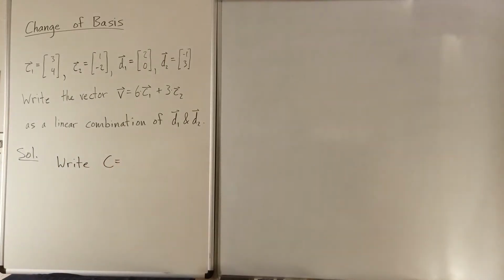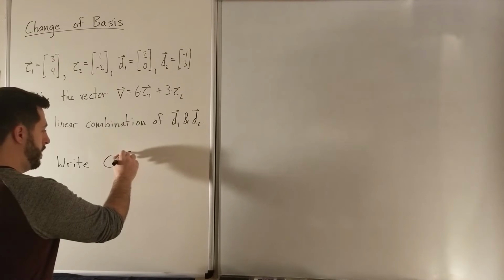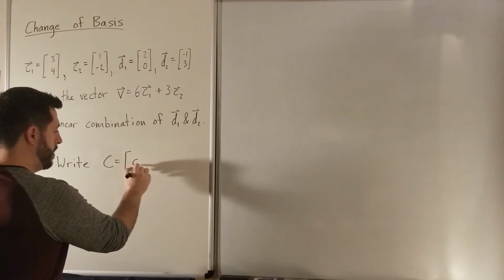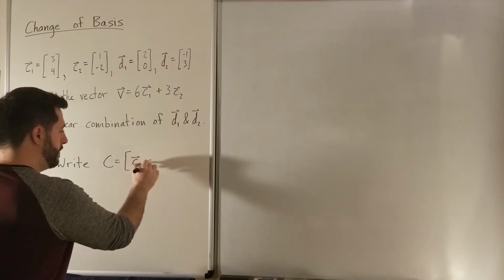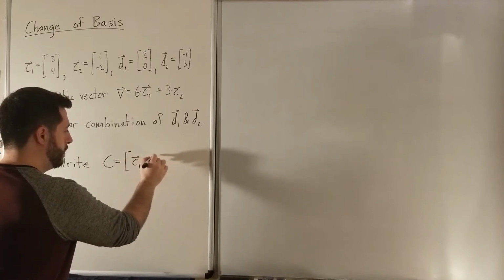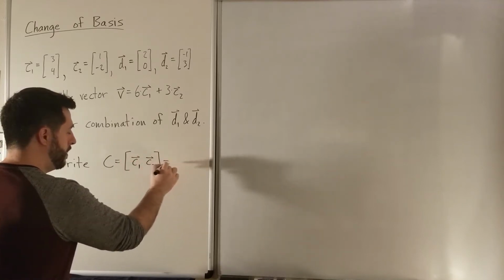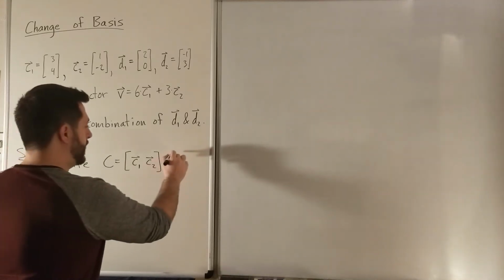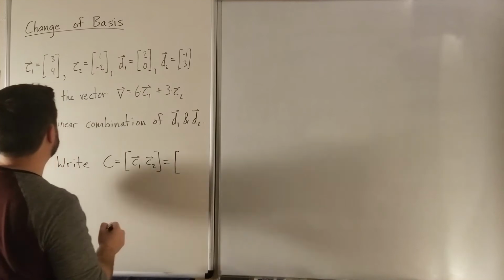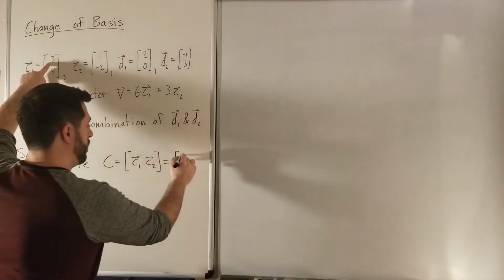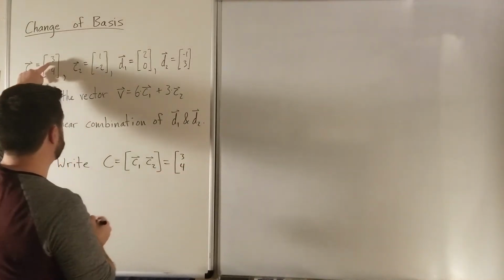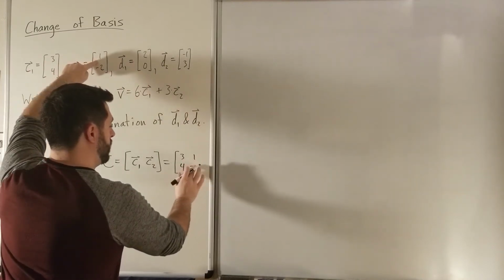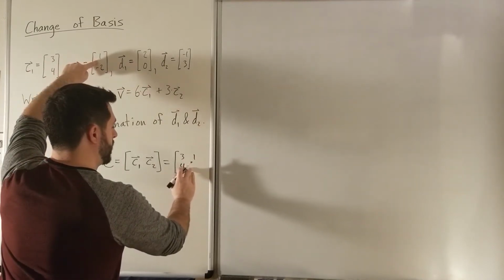I'm going to define a couple of matrices. So this first matrix I'm going to call C, and it's just going to be two column vectors C1 and C2. In other words, C is the 2 by 2 matrix, which is 3, 4 in the first column and 1, negative 2 in the second column.